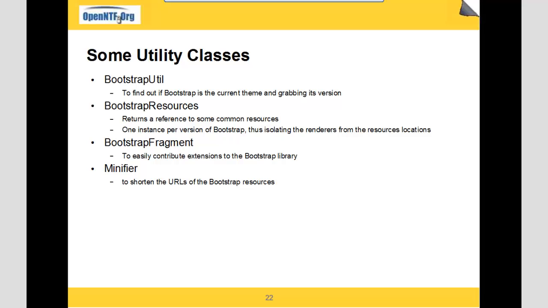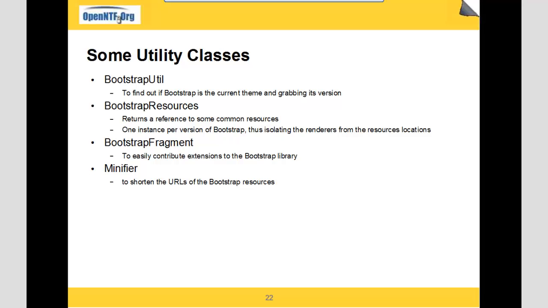There's also something called Bootstrap resources. And this is because we can have many versions of a library installed at the same time. But maybe in the future, one particular icon that is currently in Bootstrap 2.3.1 will be different in Bootstrap 3.0 or 4.0. The idea is to make your components independent from that.